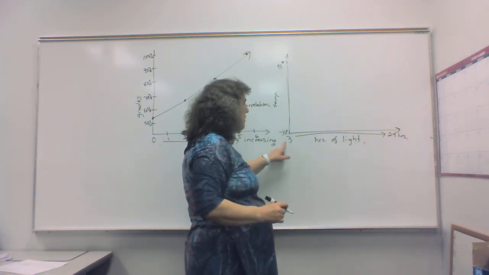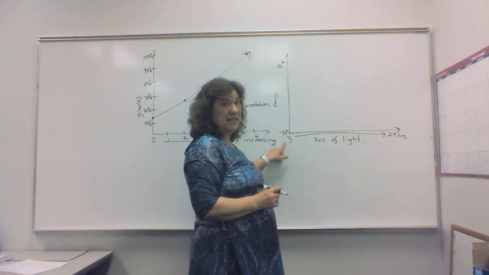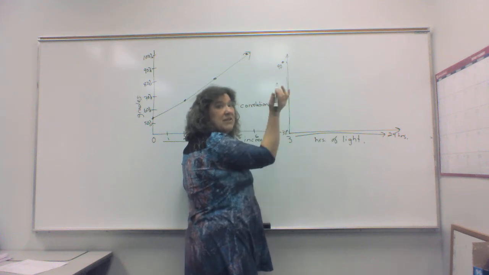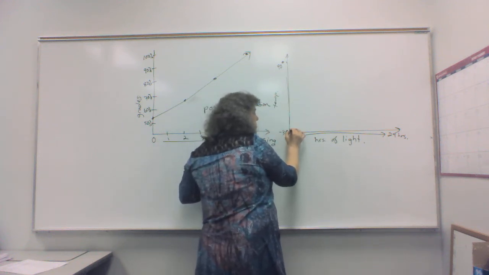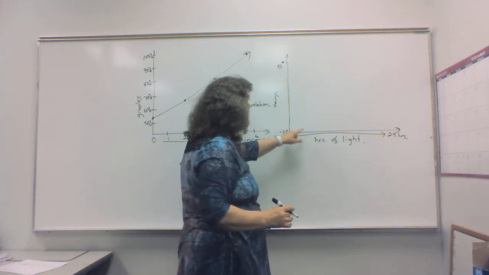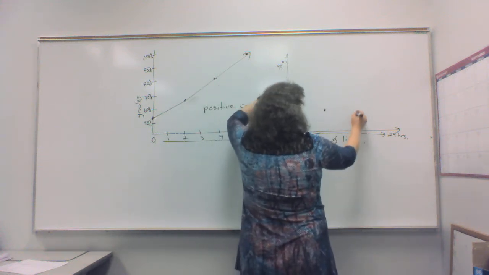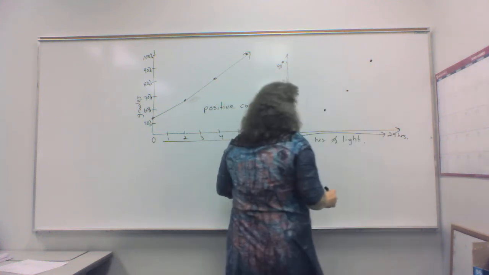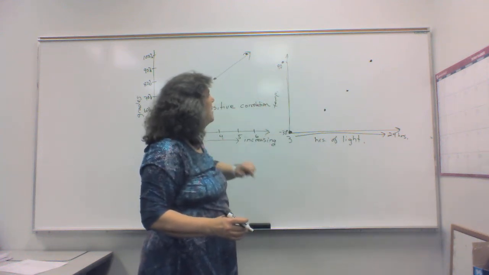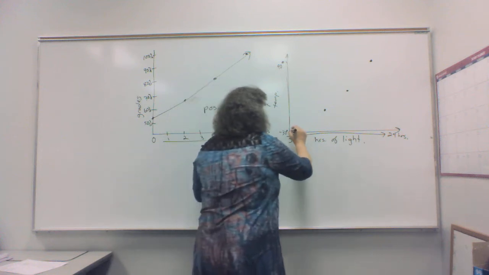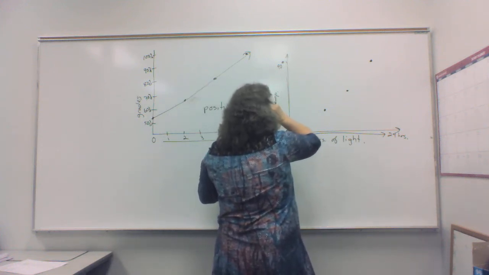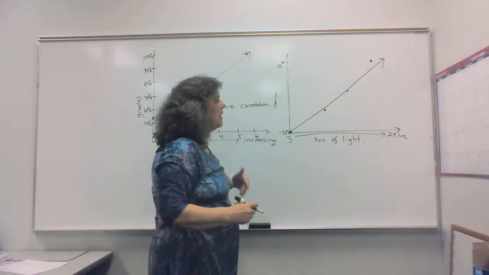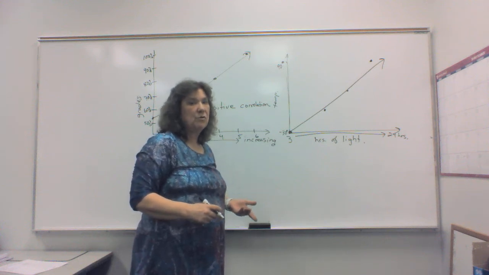Now let me ask you, when I have almost no light in the daytime in Alaska, what kind of temperatures do I have? I might even have negative 70 degrees. So they're very low temperatures when you have no light. As our light increases, so does our temperature, to where when we're having maybe 24 hours of light in Alaska, your temperature may get up as high as 85 to 90 degrees. So as hours of light increase, so does my temperature, giving me another positive correlation.